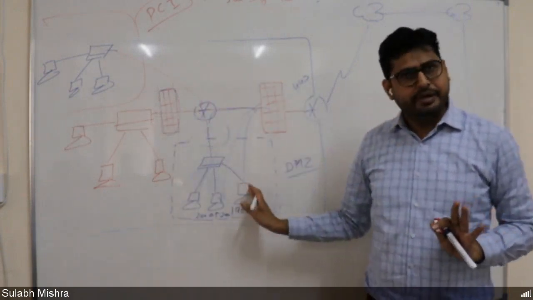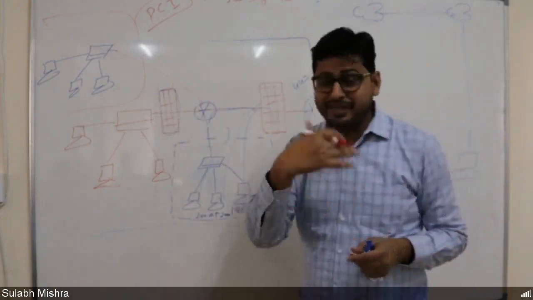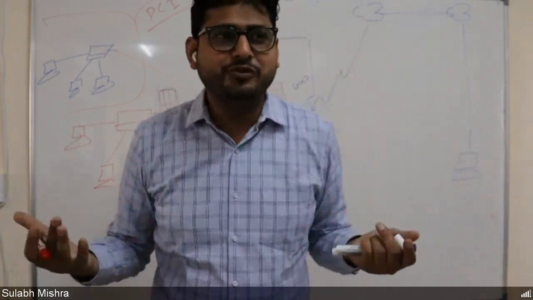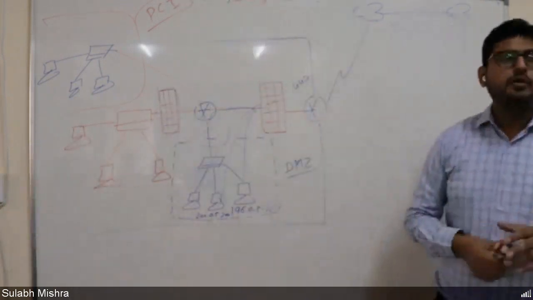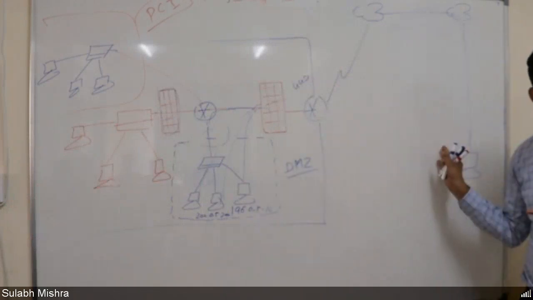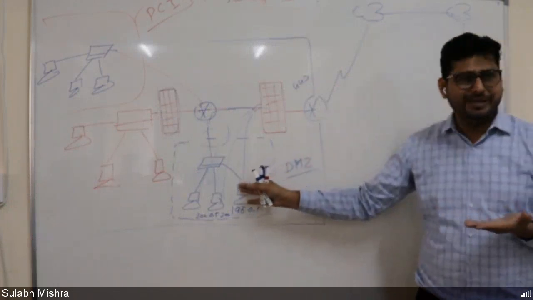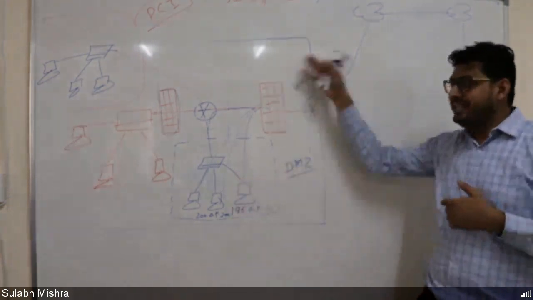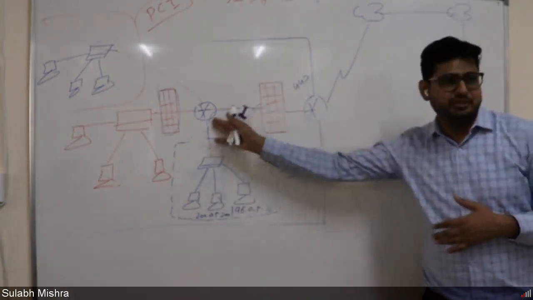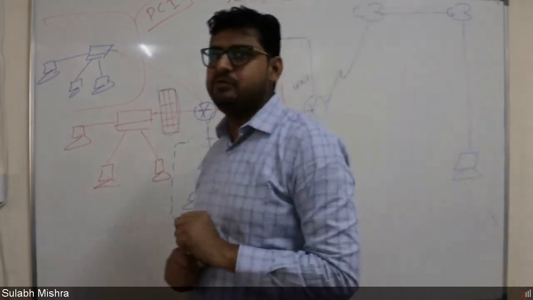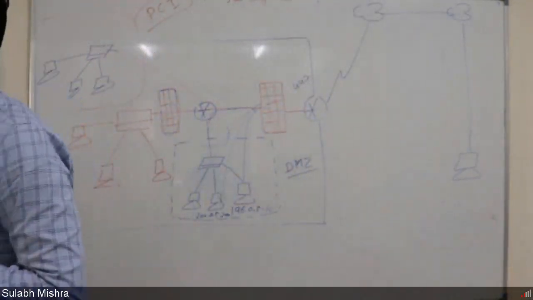If an interviewer asks what is a DMZ zone, what is a demilitarized zone, you can tell them that the application or server which has to be given access to outside people, we deploy on the demilitarized zone, the DMZ zone, so that they can access it via the firewall. We call it the DMZ zone, where we deploy the applications which have to be publicly available for outside users.